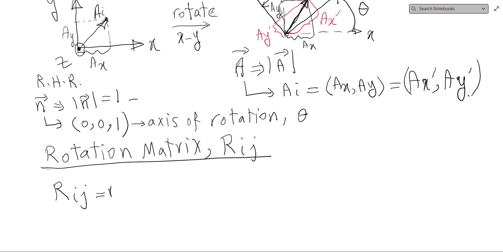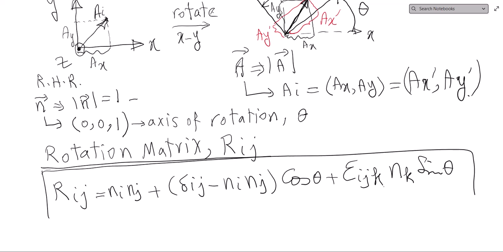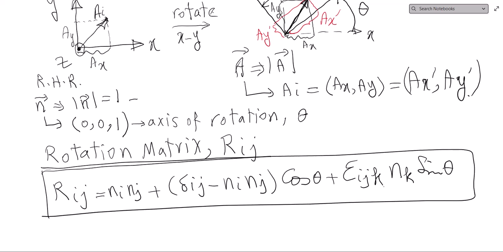It is R_ij = n_i n_j + (delta_ij - n_i n_j) cosine theta, plus the permutation symbol epsilon_ijk n_k sine theta. So this formula will give me a matrix.